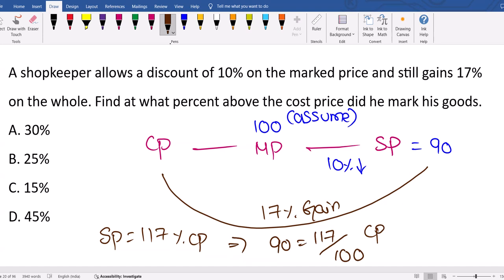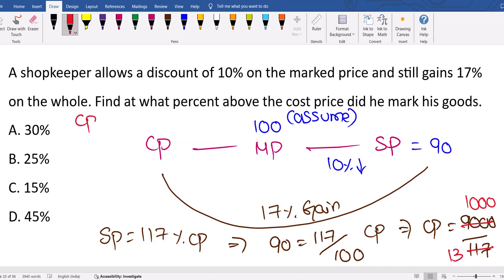So we have to calculate cost price here, which is 9000 divided by 117. We can divide by 9. 9000 divided by 9 is 1000, and 117 divided by 9 is 13. Cost price is 1000 divided by 13. Now what is the question?